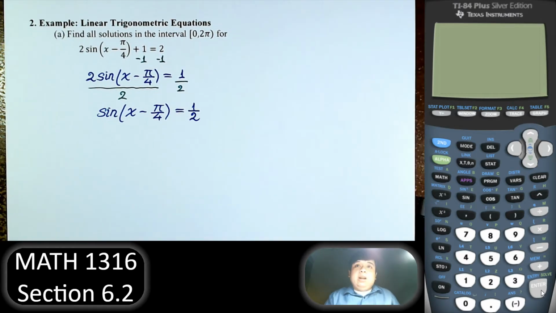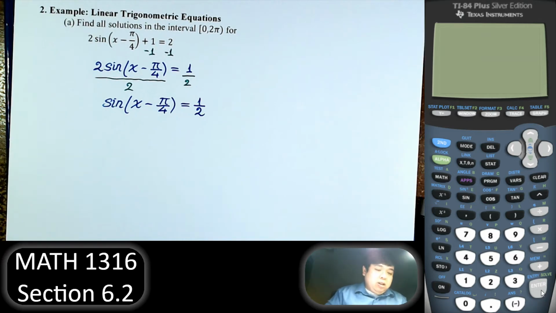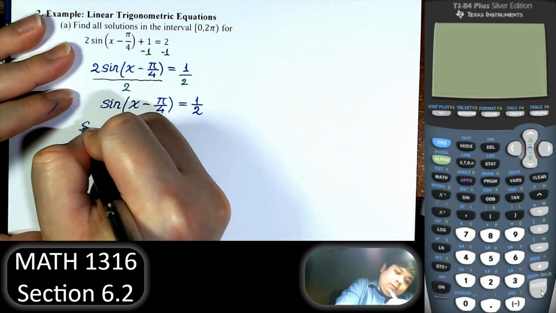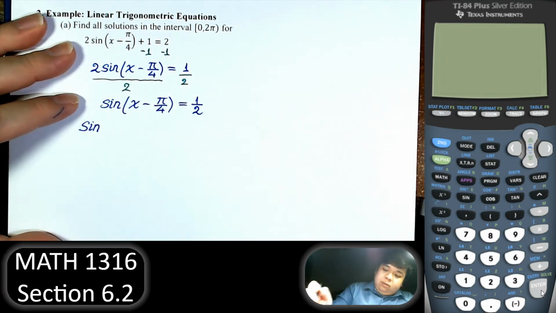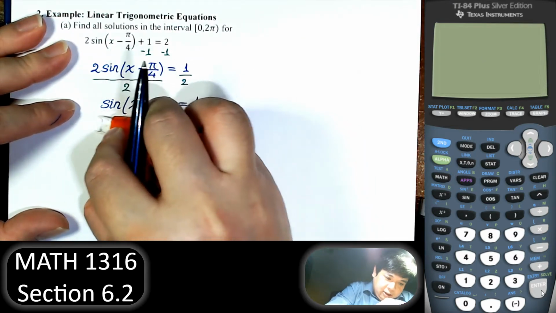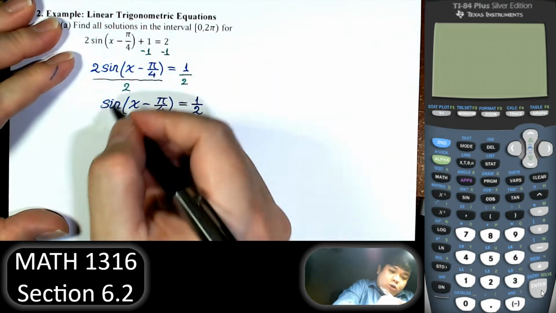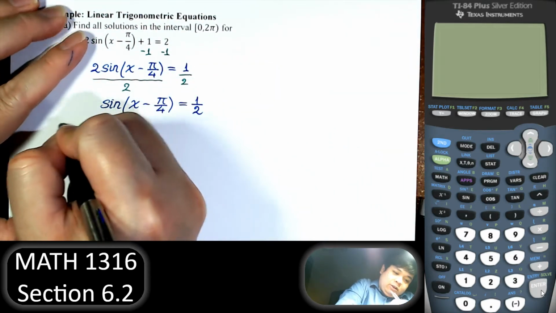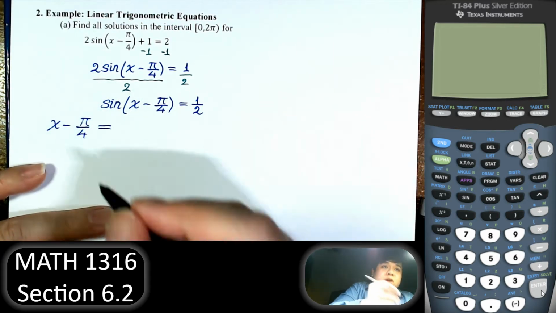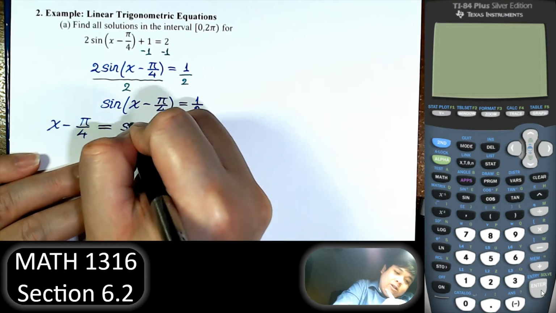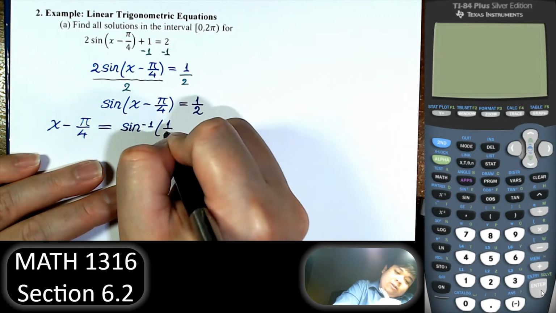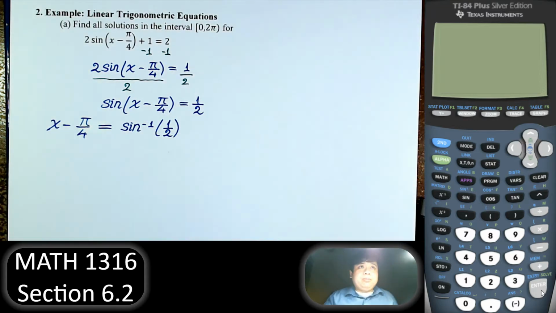Then we can use the formula that we just did. The first thing, of course, is the sine inverse. For the first part of the solution, we take the angle, in this case x minus pi over 4, equal to the first one, which is always the trig inverse of that value.